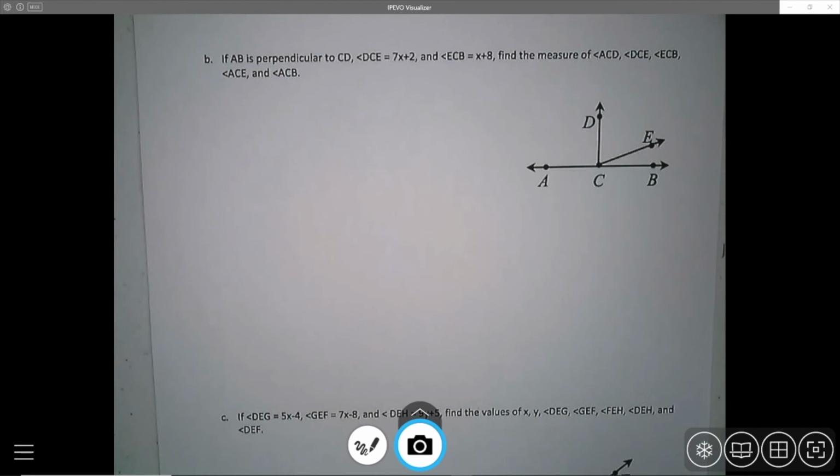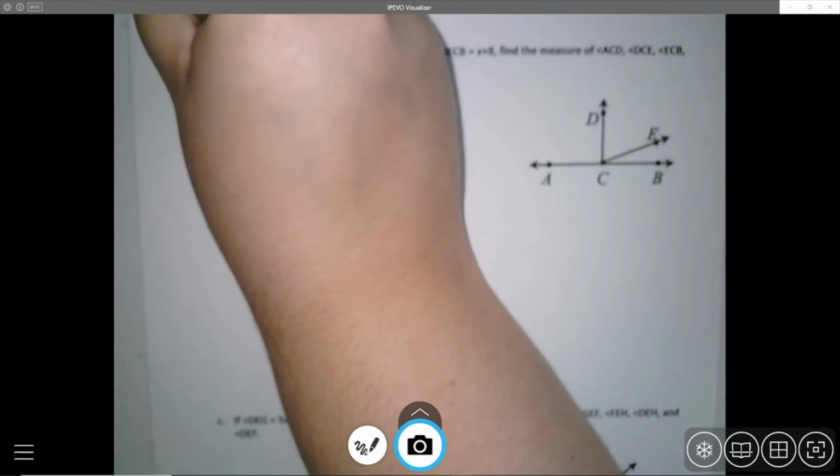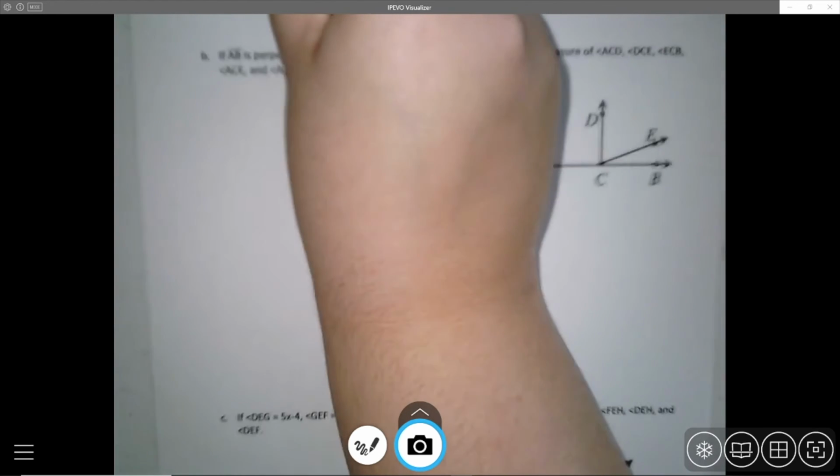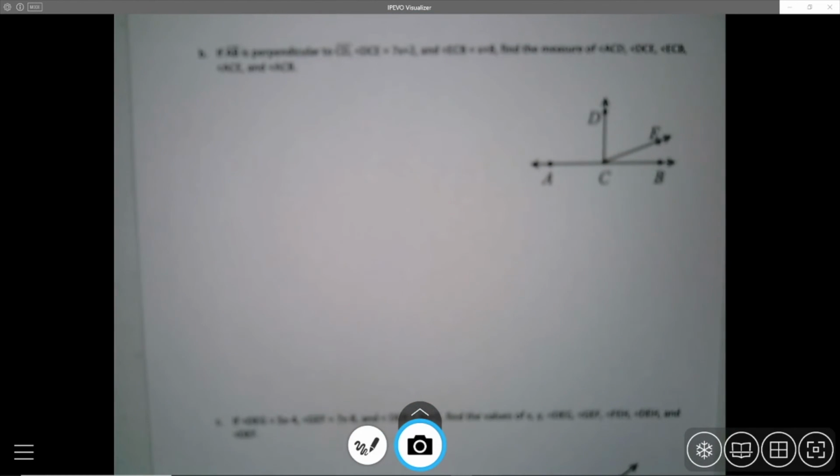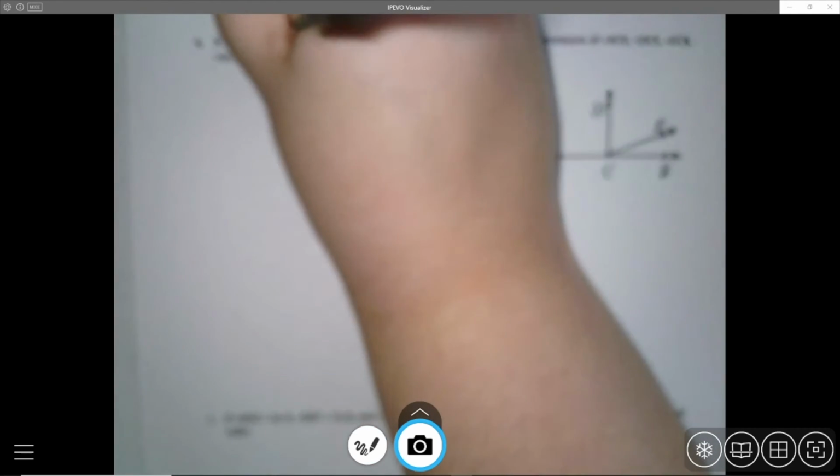Okay, looking here at this next set of them. If AB is perpendicular to CD. So first off, this AB is if segment AB is perpendicular to CD. Perpendicular means they form a 90-degree angle.